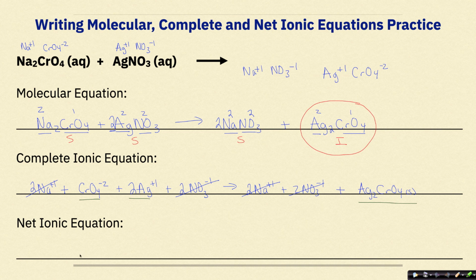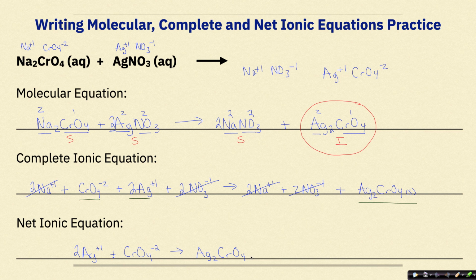It's just a thing, you don't have to do this. So 2Ag+1 plus CrO4 -2, arrow, Ag2CrO4. Excellent. And that should be good. So that is my net ionic equation. My spectators have been removed. Everything is balanced. I am accounting for everything.